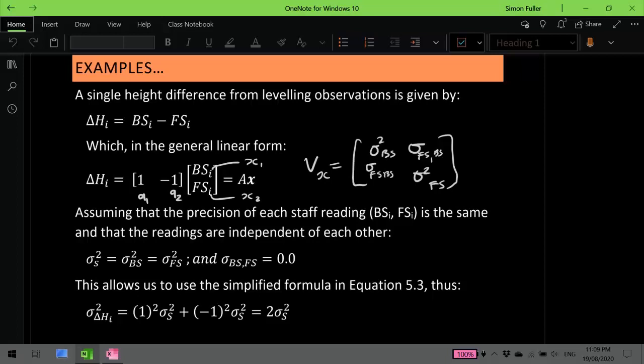Now, because we would generally consider that we could read a staff with the same precision for both the backside and the foresight, and why wouldn't we be able to? There's no reason why reading a backside would be less precise than reading a foresight. We can assume that the variance of our sighting is the same for the backside and the foresight.